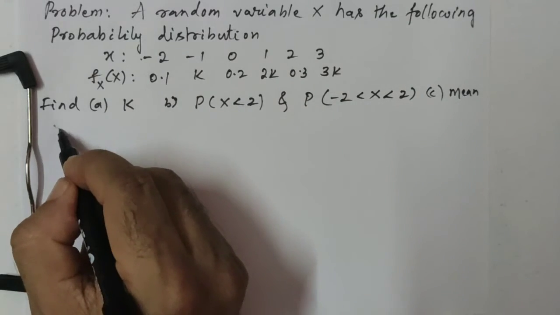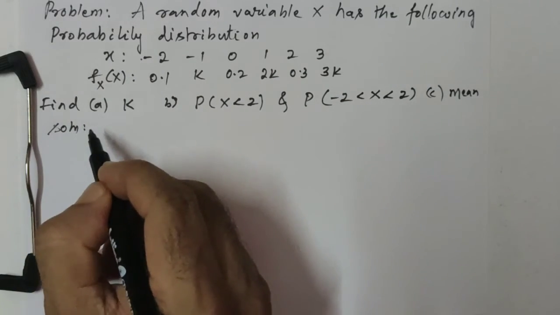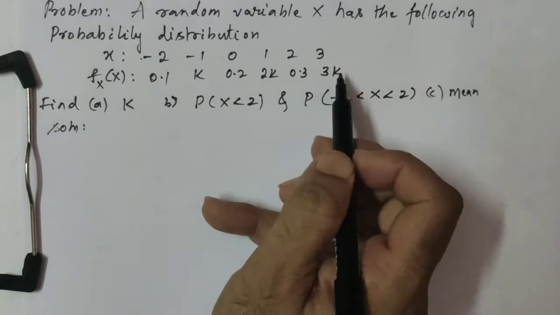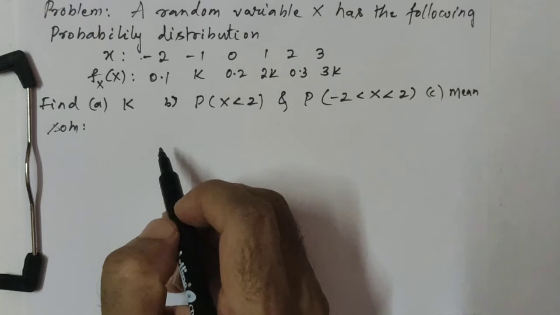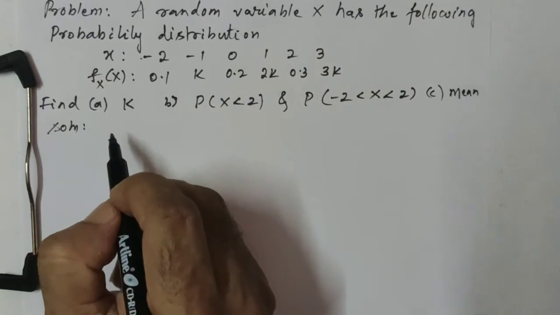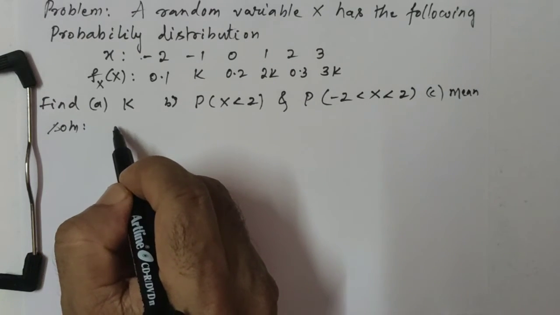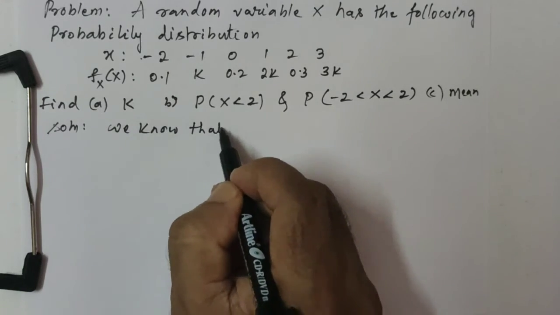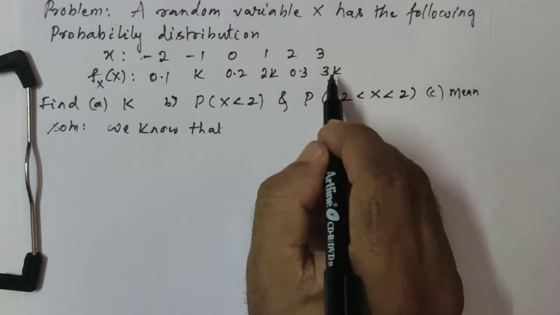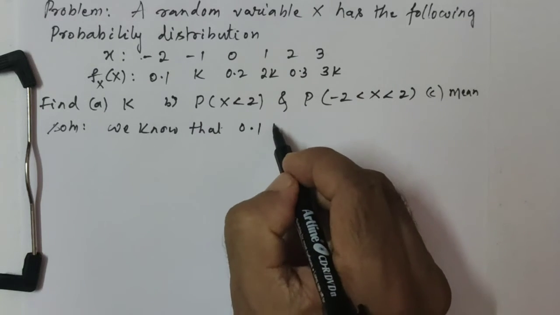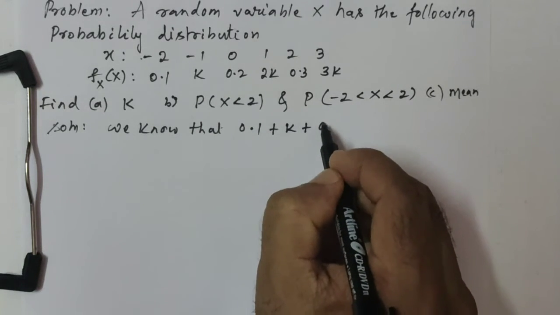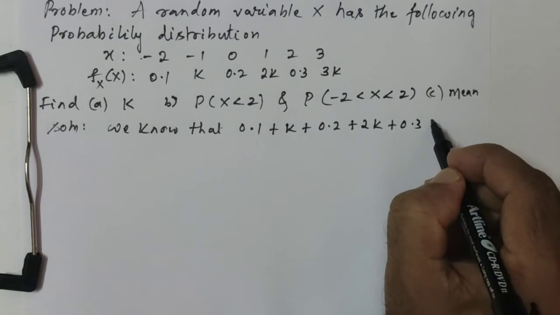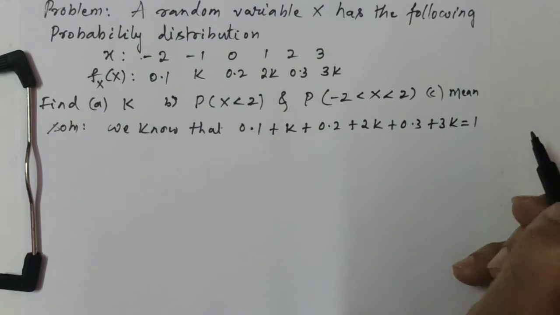So solution is, to find the value of k, what we should do is add the probabilities and equate it to 1. Because of the property of the probability mass function, sum of the probabilities is equal to 1. Therefore 0.1 plus k plus 0.2 plus 2k plus 0.3 plus 3k should be equal to 1.